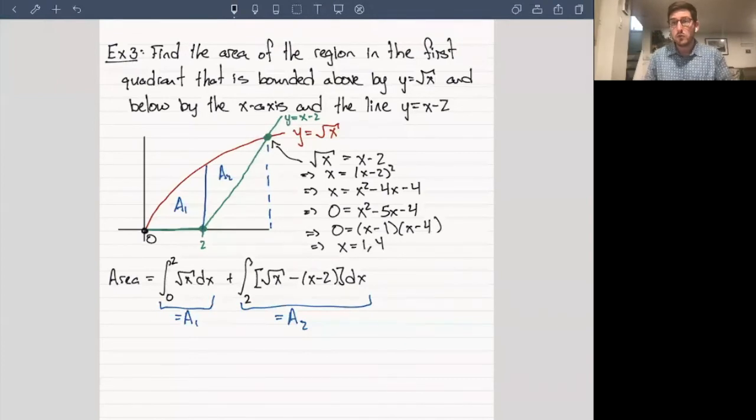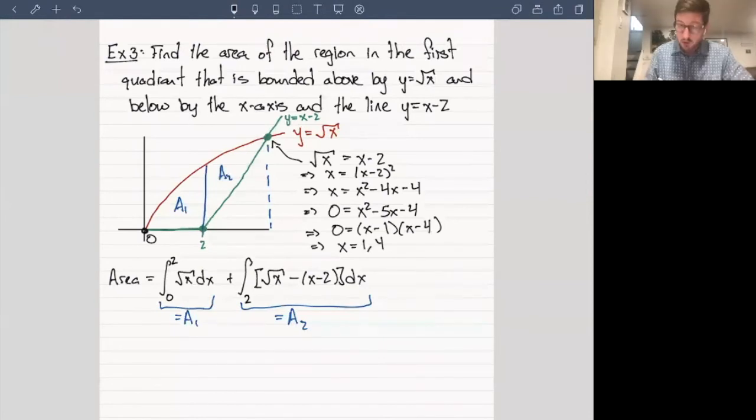Now, there are two solutions, but there is only one point of intersection. So that's the first thing that we should address. So where did the second solution come from? Well, the second solution came from the fact that we're solving a quadratic equation. This comes from the fact that we squared this equation. Now, the x equal to 1 is certainly not present as a point of intersection on our graph, right?